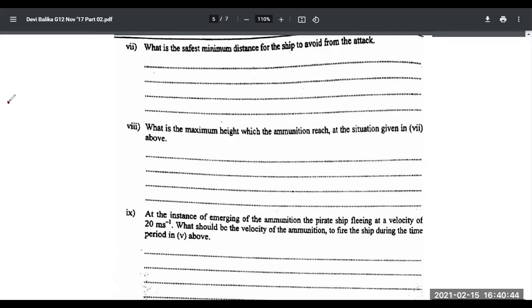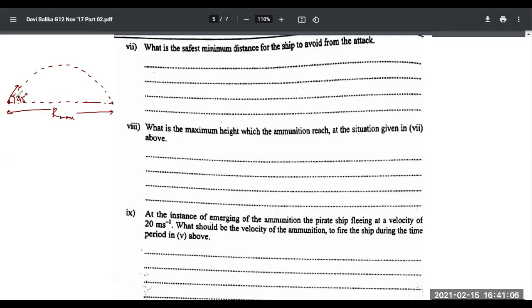Arya, when do we get the maximum range? Yes, very good. When the angle with the horizontal is 45, or with the vertical for that matter, your range will be maximum. This is something you need to know about projectile motion. R will be maximum when your angle is 45.